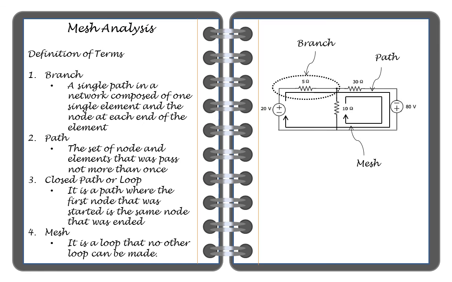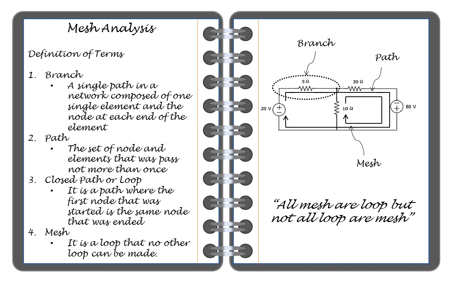So the path is not always a mesh, but a mesh can be a path. So remember, all meshes are loops or closed paths, but not all loops are meshes. So if somebody asks you if a mesh is a loop, yes, a mesh is a loop, but a loop is not always a mesh.